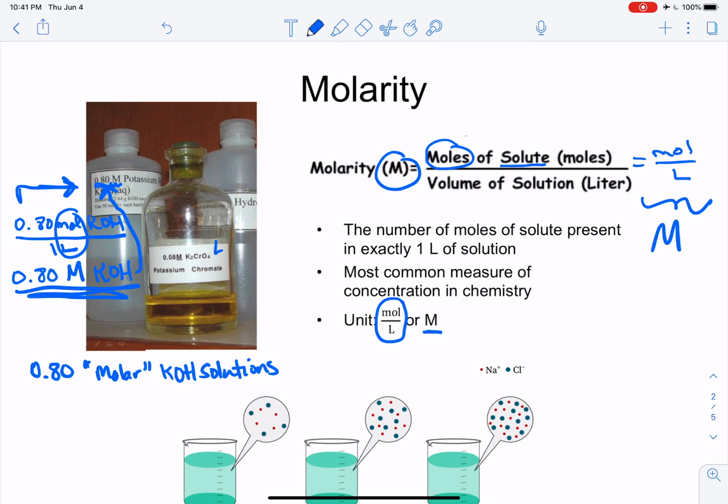So this right here, that would be a 0.08 molar potassium chromate solution. And you always have to say what the solute is. And if we don't specify what the solvent is, we assume that it's water. Now, the solvent isn't always water, but if it doesn't say what it is, then we assume it's water.